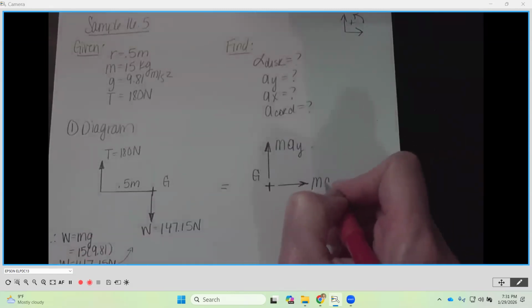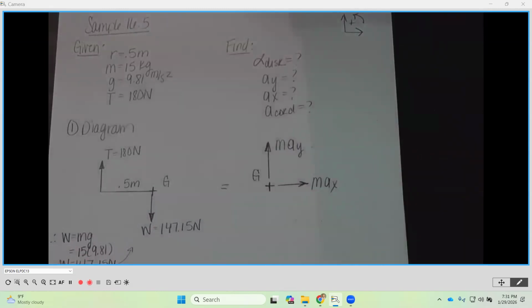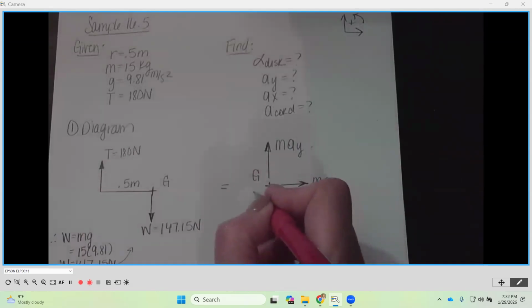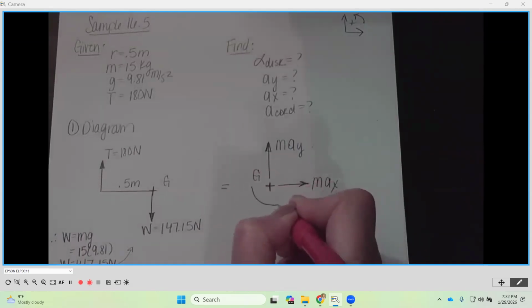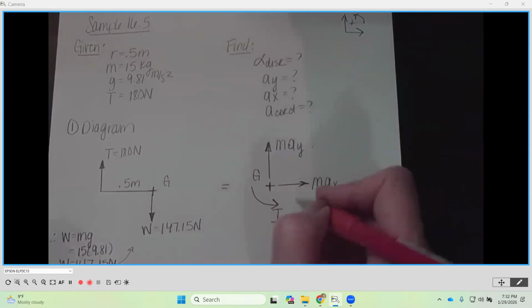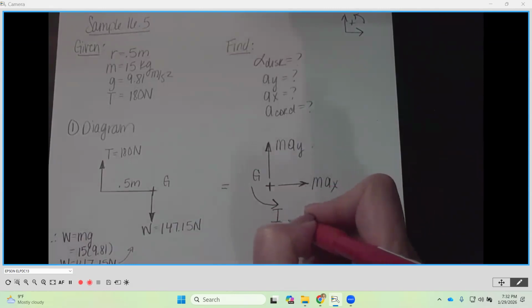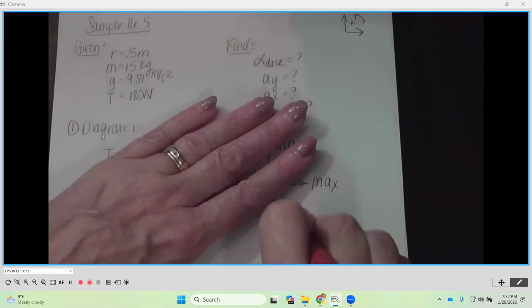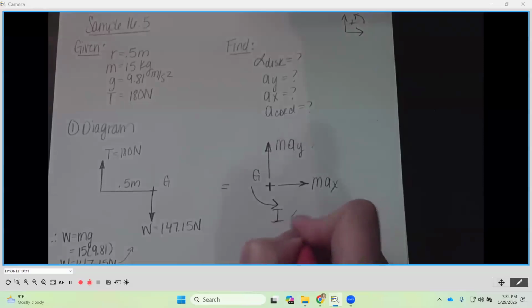So mx, okay? And then lastly, because this is pulling up, there is going to be a rotation. So this is going to be our angular momentum. So it's going to be the rotational moment of inertia of the disk times the angular acceleration.